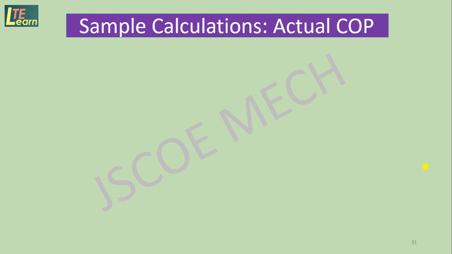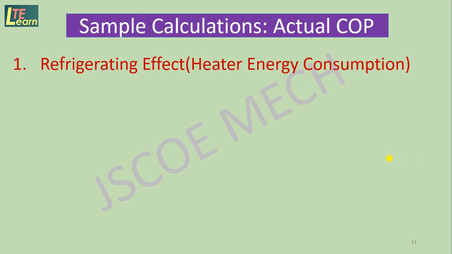So here is a sample calculation of actual COP. Here the refrigerating effect is obtained in the form of heater energy consumption. In the water calorimeter we maintain the temperature by adjustment of the heater thermostat.